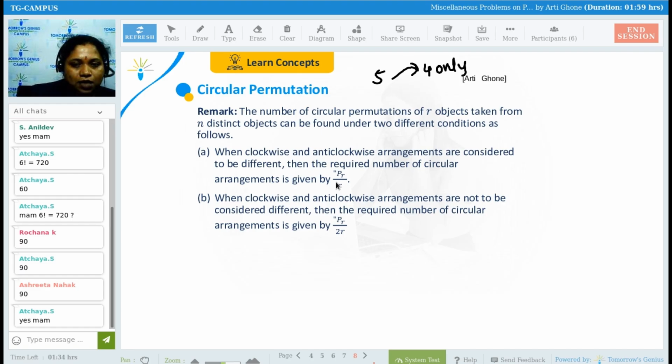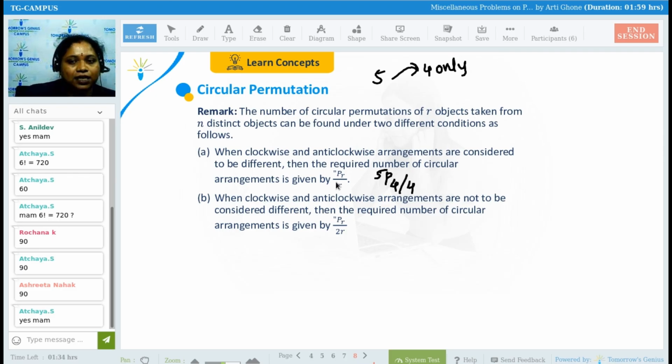Now see, first one, when anti-clockwise obviously matters. If the first candidate is male and the second candidate is female, then it matters, no? So direction matters. That clearly means nPr upon r. So it is 5Pr or 5P4 upon 4. Clear?